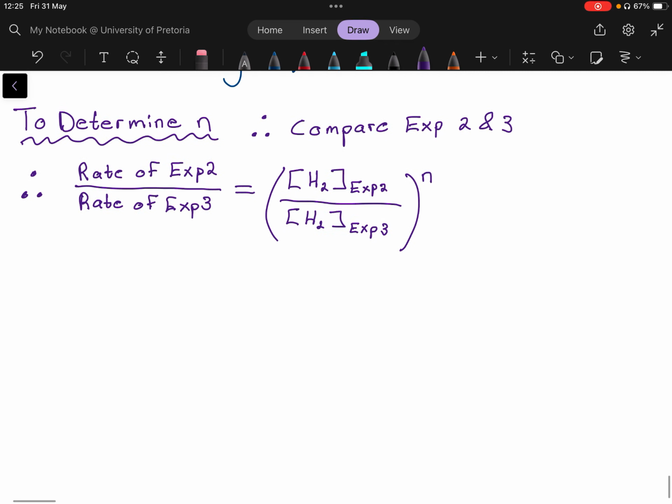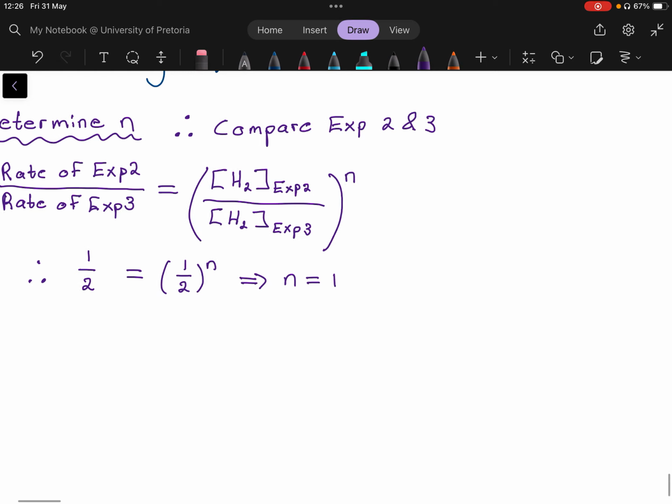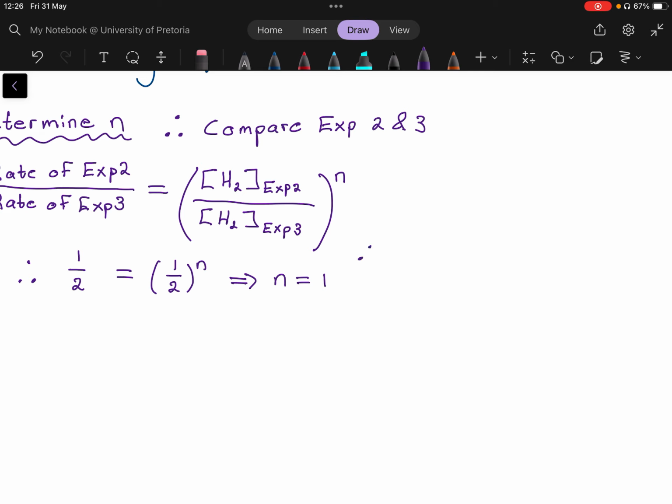Substitute in the values, go look in the table, go through all the logs. You should get eventually to a point where on the left-hand side you will get a half is equal to a half to the power n. And therefore, n is going to be equal to 1, because to get a half, you have to raise a half to 1. So, hence, the reaction is first order in terms of hydrogen.